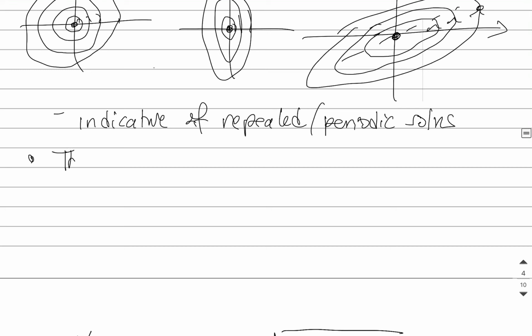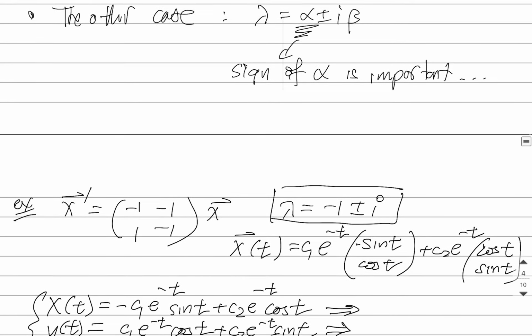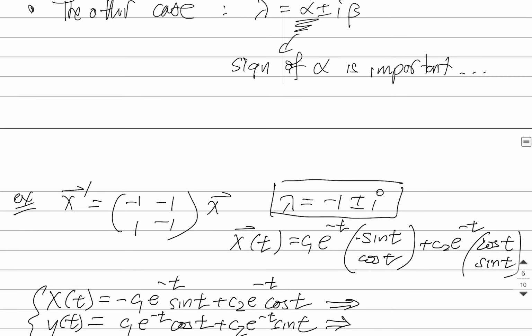The other case is when you have fully complex eigenvalues. In the case of fully complex, the sign of this alpha is going to be very important. As a specific example of this, here's a system that has complex eigenvalues, -1 plus or minus i.